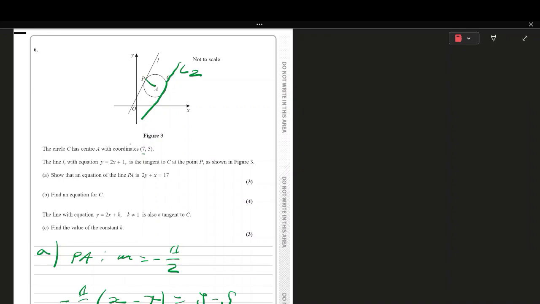And since it's a radius away, we can see that point P was at (3, 7), and point A was at (7, 5). So we can see that it goes up by 4 and down by 2.